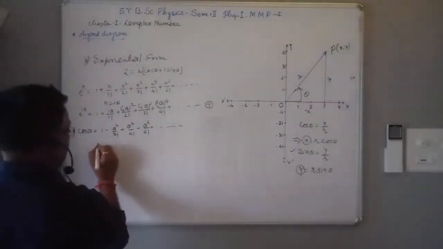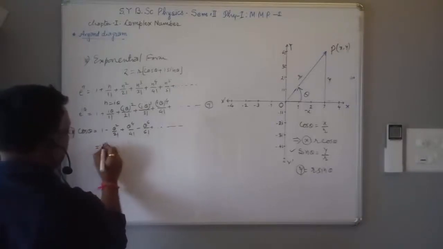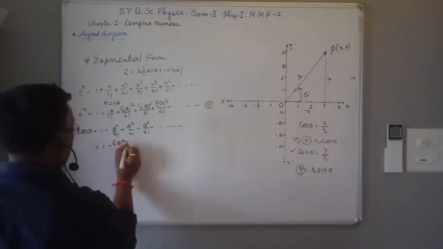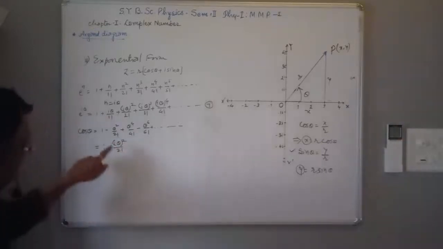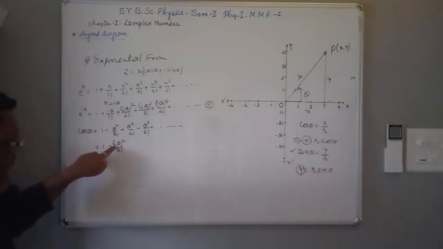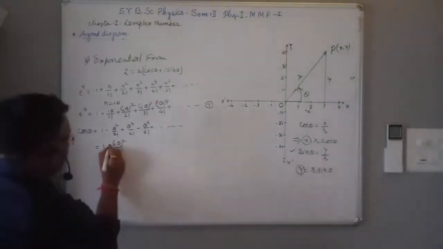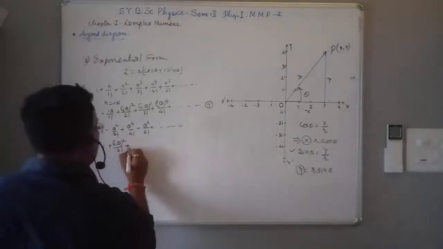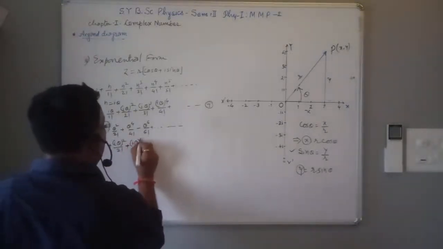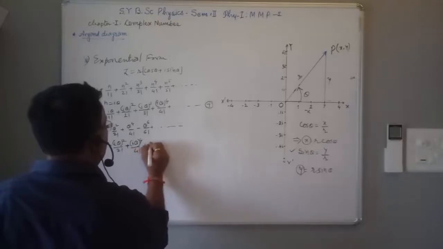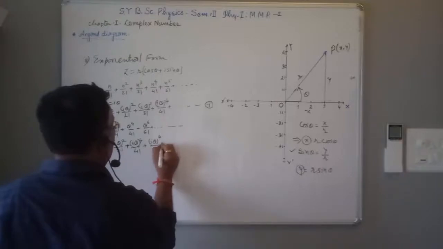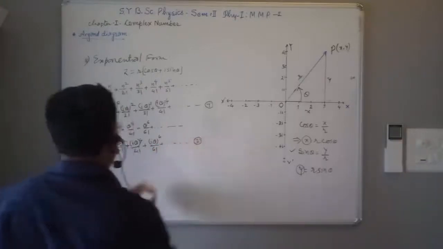Here also we can rearrange and write this term as 1 minus (i theta) whole square upon 2 factorial, because i square is equal to minus 1. Therefore, plus (i theta) raised to 4 upon 4 factorial plus (i theta) raised to 6 upon 6 factorial. Suppose this is equation 2.